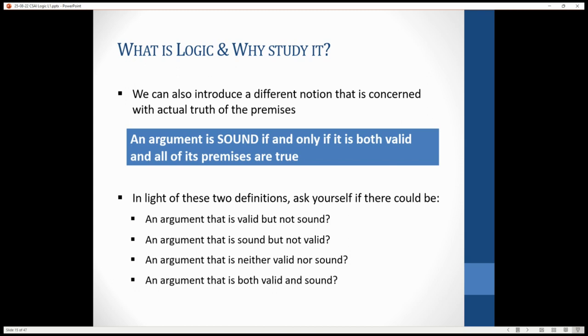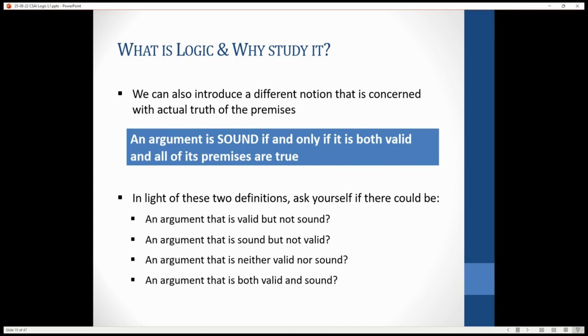Here's an interesting question. If we have a sound argument, what's the truth value of its conclusion? So right, we know an argument might not have any premises, but it's guaranteed to have a conclusion. Suppose I tell you an argument's sound. What's the truth value of its conclusion?